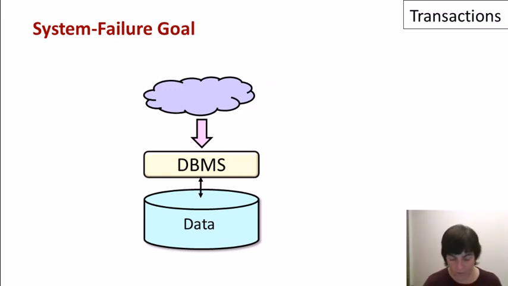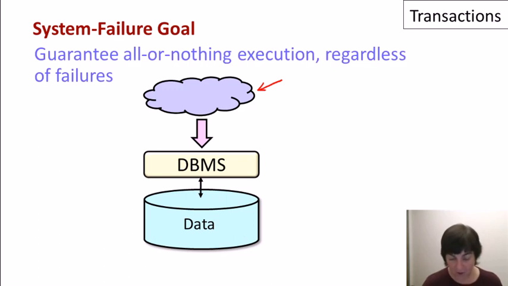So our overall goal for dealing with system failures is that when we want to do something on the database that needs to be done in an all or nothing fashion, we'd like to tell the system that we want to guarantee all or nothing execution for that particular set of operations on the database, regardless of failures that might occur during the execution.